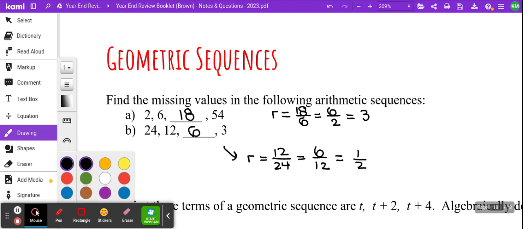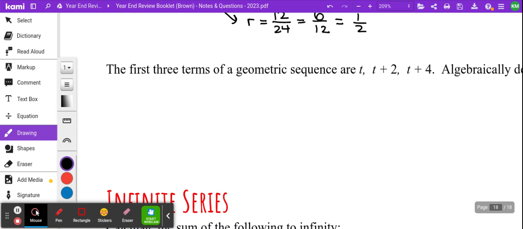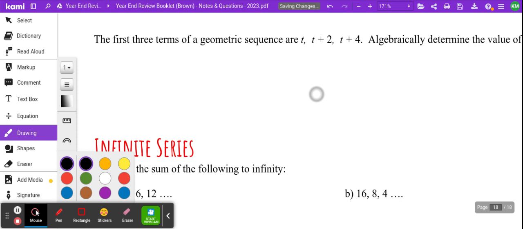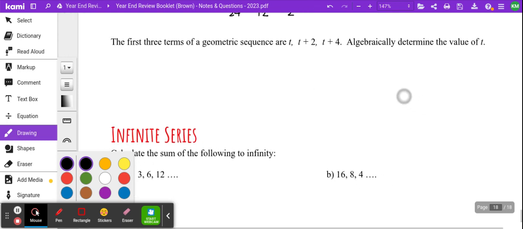So far, so good. So if I gave you something like this, thinking about the idea of the common ratio: first 3 terms are t, t plus 2, and t plus 4. Algebraically determine the value of t. What do I know here? I know the first 3 terms. What do they have in common? They have t's in common.